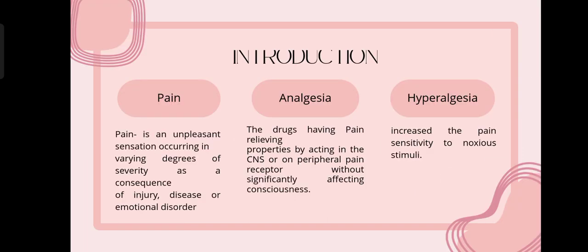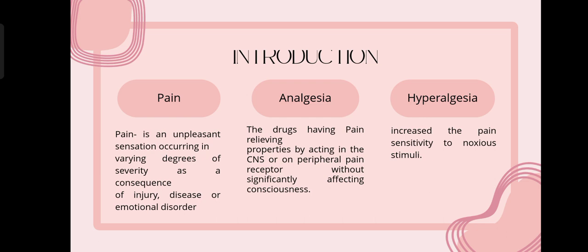So let's begin. Before starting with the actual topic, I will give you some basic introduction about it. The basic terms we are going to discuss firstly. So starting with pain. Pain is an unpleasant sensation which occurs in varying degrees of severity as a consequence of injury, disease, or any kind of emotional disorder.